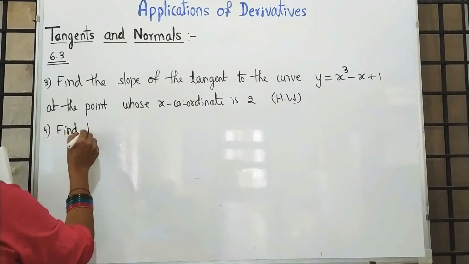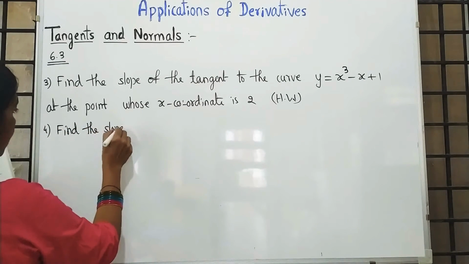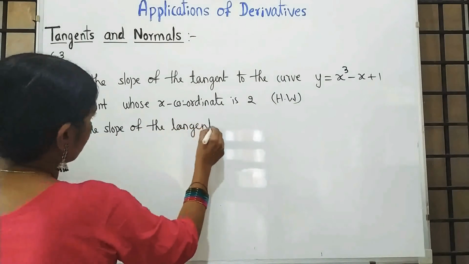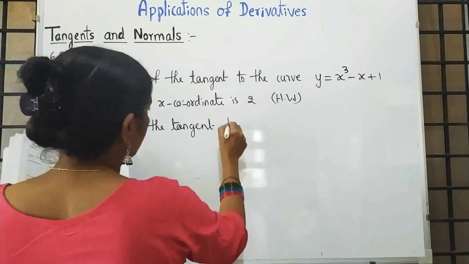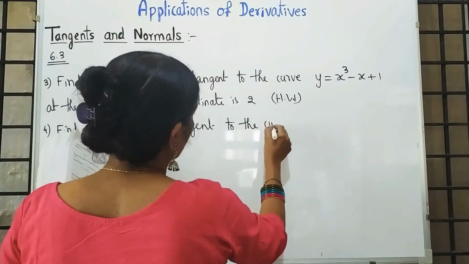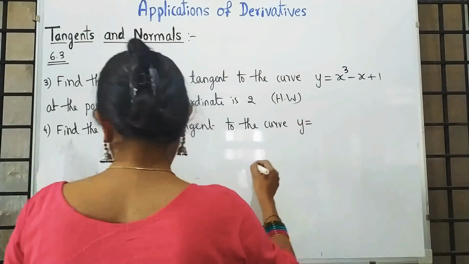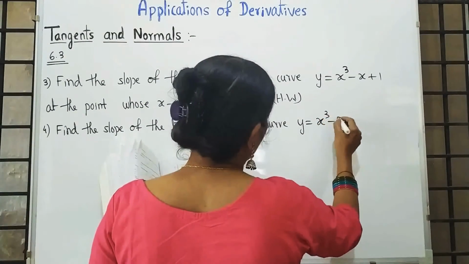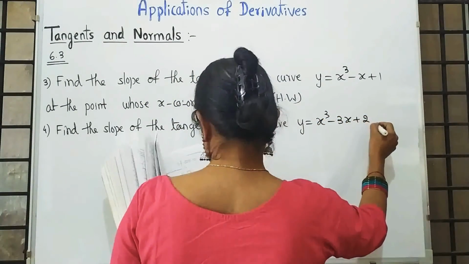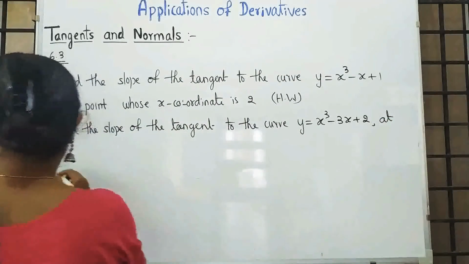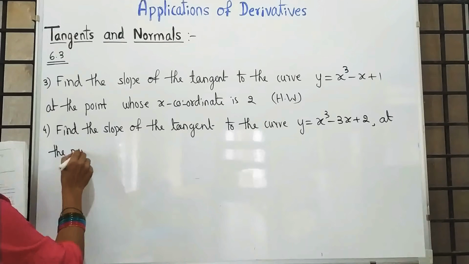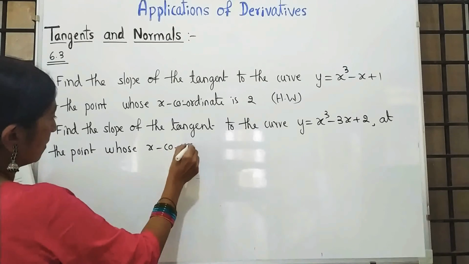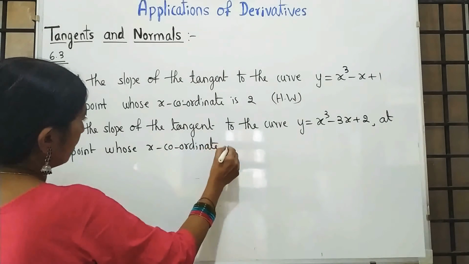Find the slope of the tangent to the curve y is equal to x cube minus 3x plus 2 at the point whose x coordinate is 3.